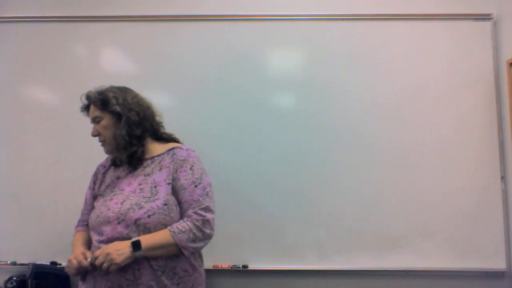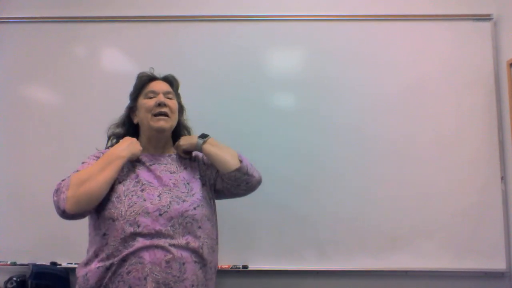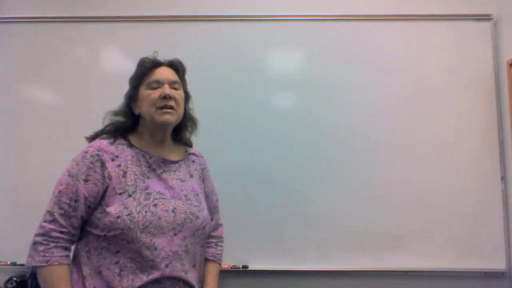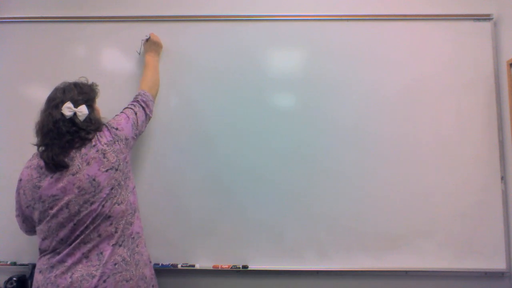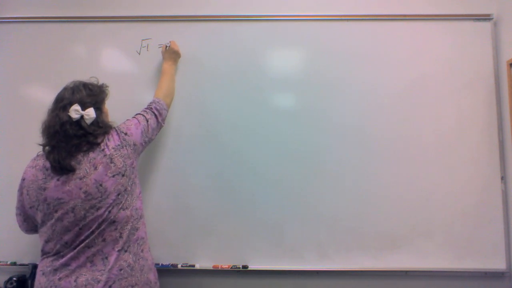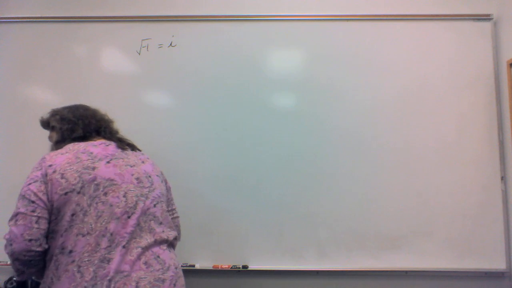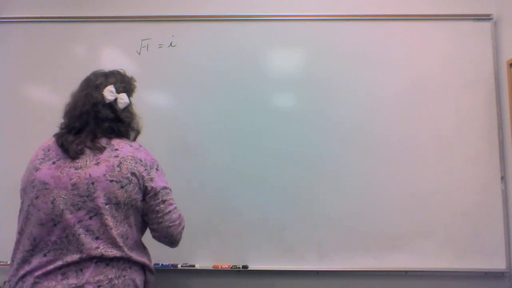Okay, now we're going to look at complex numbers. In our last lesson, we introduced the concept of imaginary numbers by telling you that the square root of -1 was equal to i. And that is exactly correct.